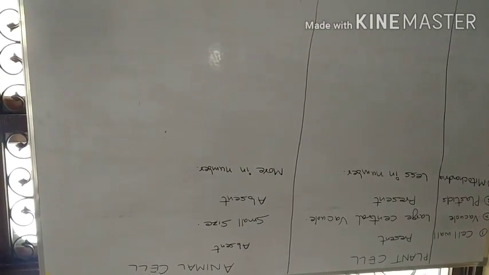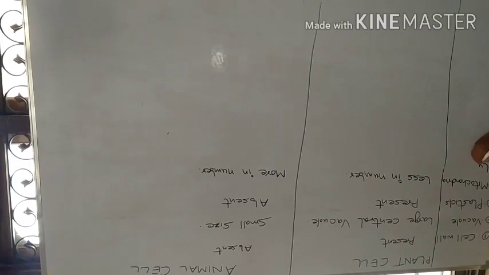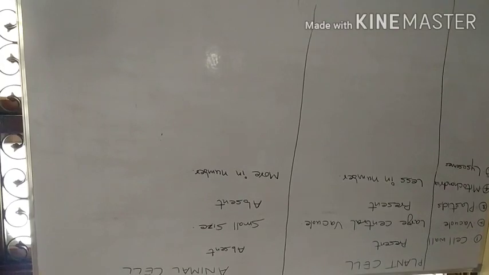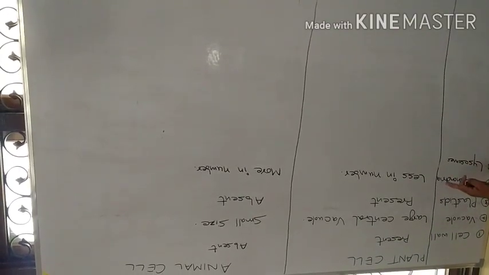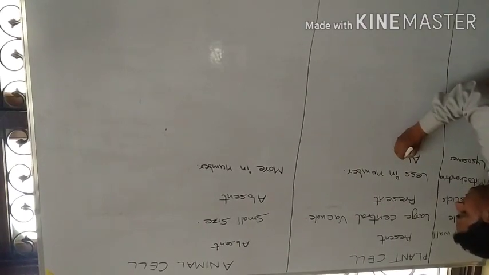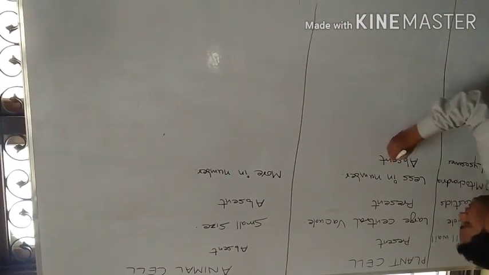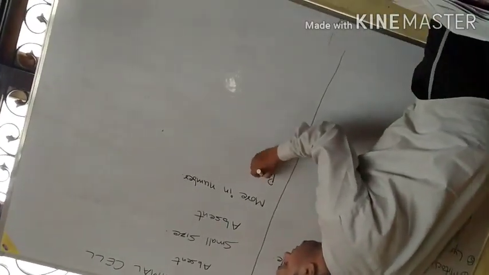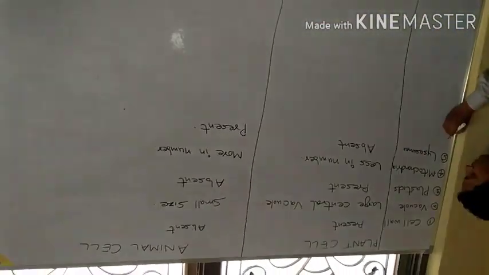Now we are going to discuss lysosomes. See, lysosomes are absent in plant cell, but in animal cell they are present. Lysosomes are clear to you? Then comes centrosome.